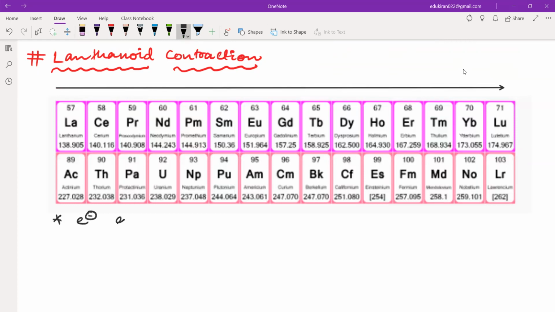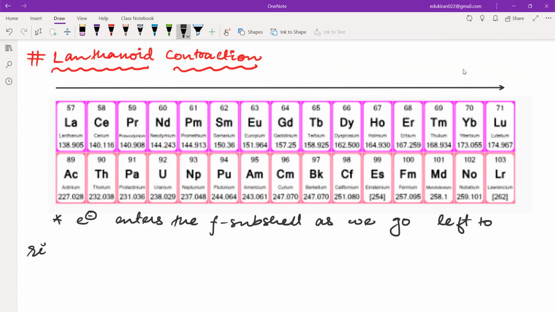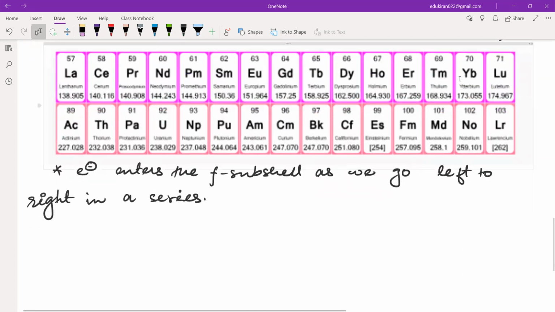The electron enters the f subshell, as we go left to right in a series.